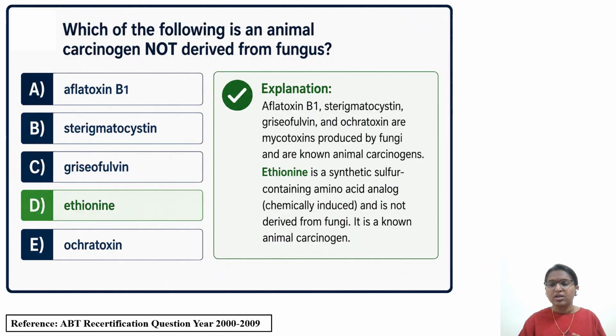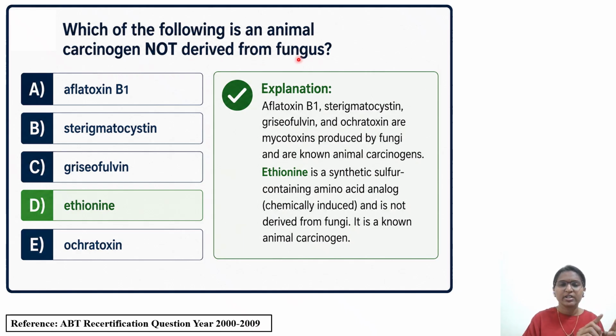Okay. One more question which I came across in the ABT recertification question papers, from the year 2000 to 2009, I didn't find the exact year. The question was: the answer is not ochratoxin, but the rest of the options are associated with fungal toxins. So which of the following is an animal carcinogen not derived from fungus?